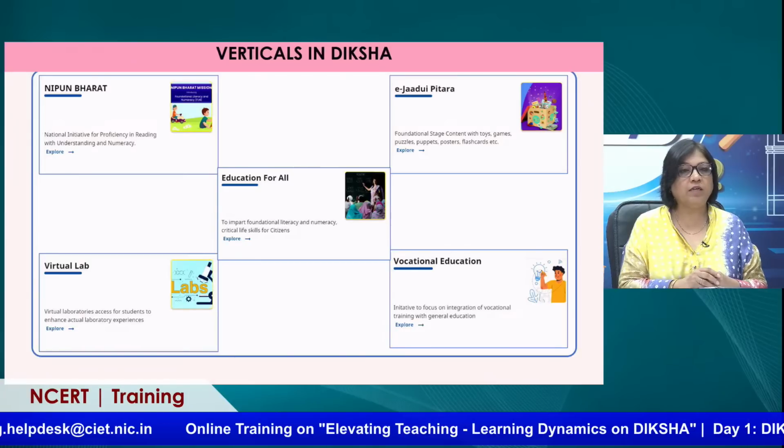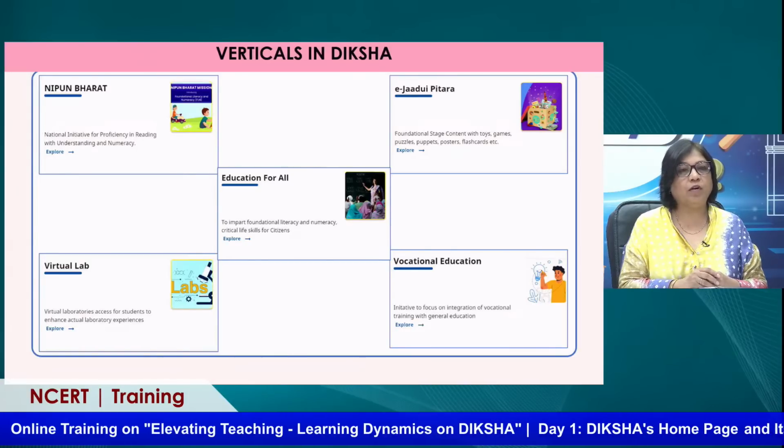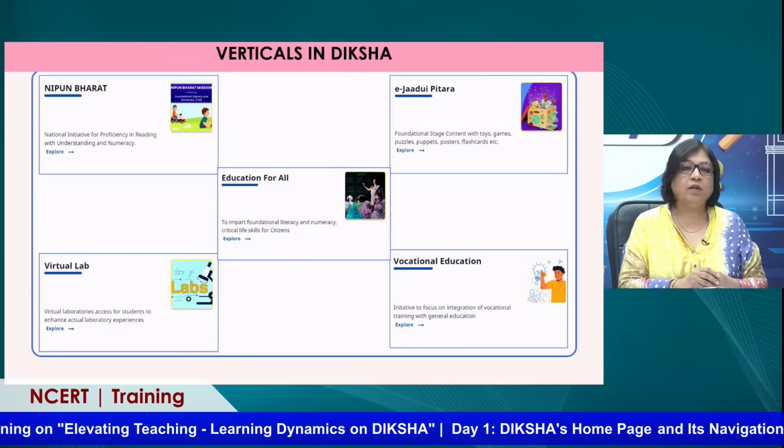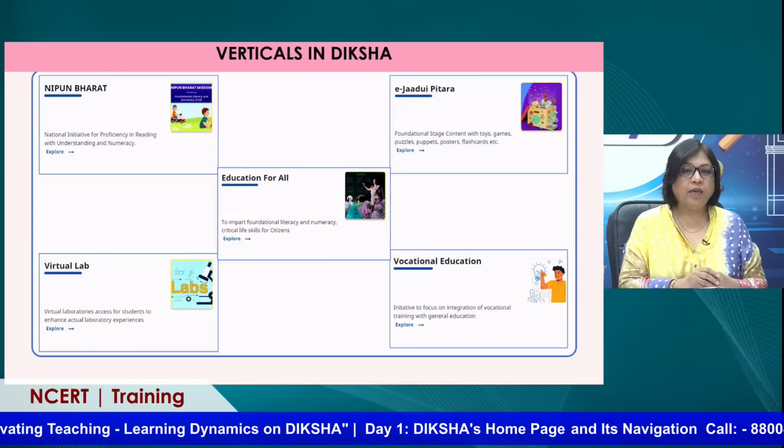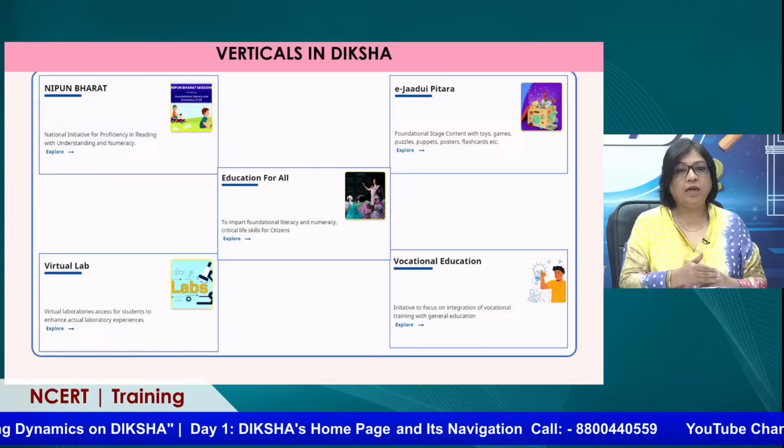Apart from this, there is a vertical called the Education for All vertical, which is for adult education and lifelong learning. When it comes to lifelong learning, learning never stops.